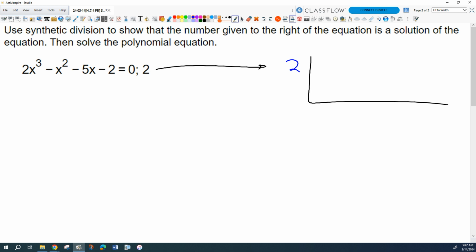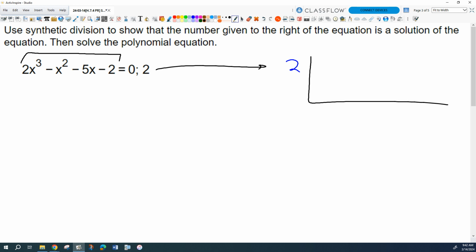So the test would be, what would have to happen in my remainder box when I run this 2? I'd have to get 0, wouldn't I? If I get 0 remainder, then that tells me that 2 is a 0 of this function, and so it's a solution, right? Isn't that what we're looking for? All the values of x that make this function equal to 0, right?